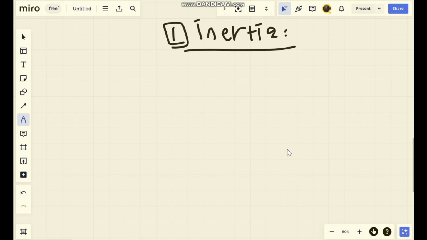inertia. So Newton said that if I have an object, let's say a ball, and this ball is moving with some acceleration, here is its acceleration vector pointing in this direction, and over time it will keep moving.